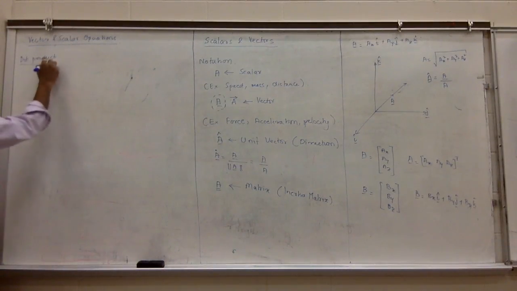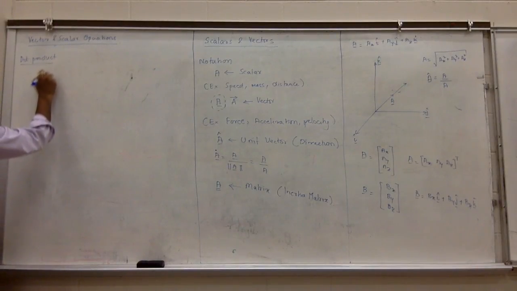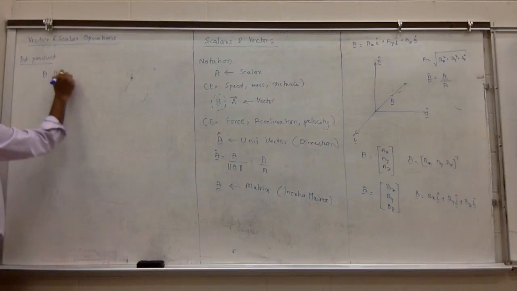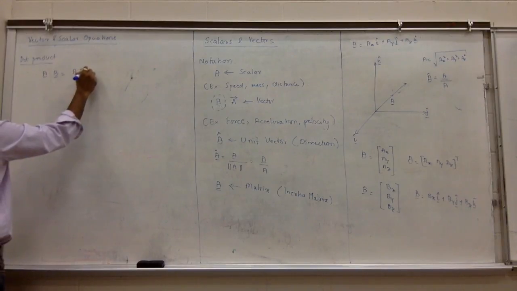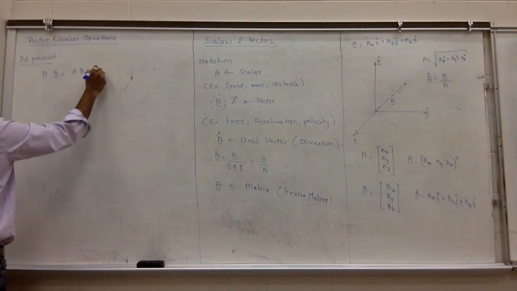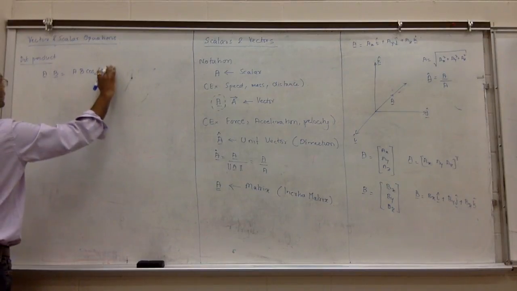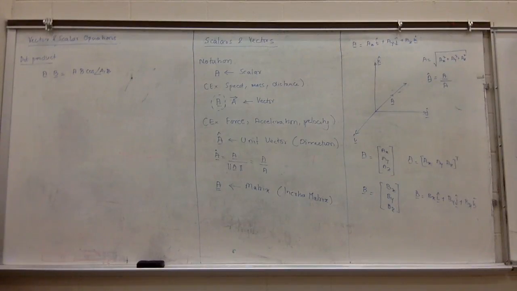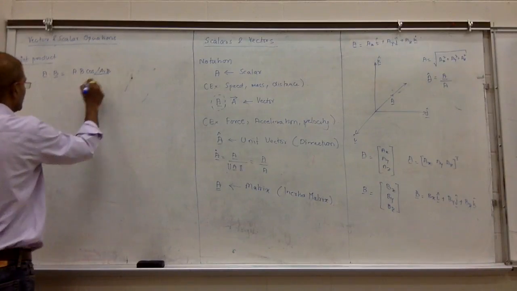Okay. So you have A dot B. A dot B is defined as scalar A, scalar B, cosine of the angle between A and B. The theta is nothing but the angle between A and B.